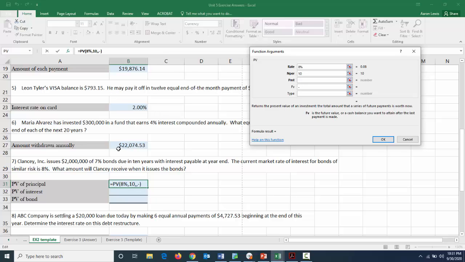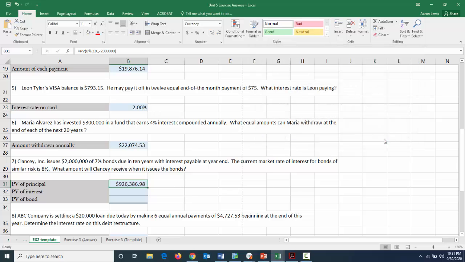And the amount of principal we're going to have to repay, even though we're probably going to sell these for less than $2 million, we still got to pay back the $2 million at the end. Which means that principal is worth $926,386.98. Yeah, it's $2 million, but you got to wait 10 years to get that $2 million. So it's not worth $2 million to you today.